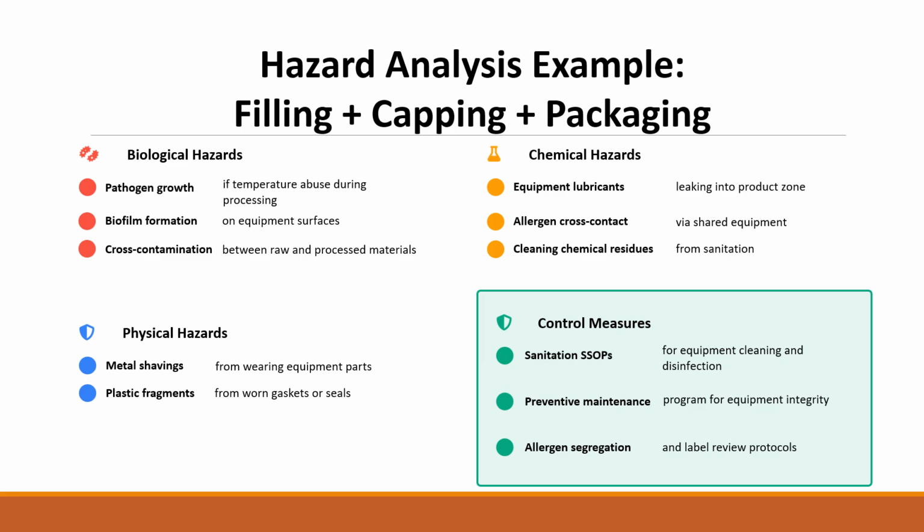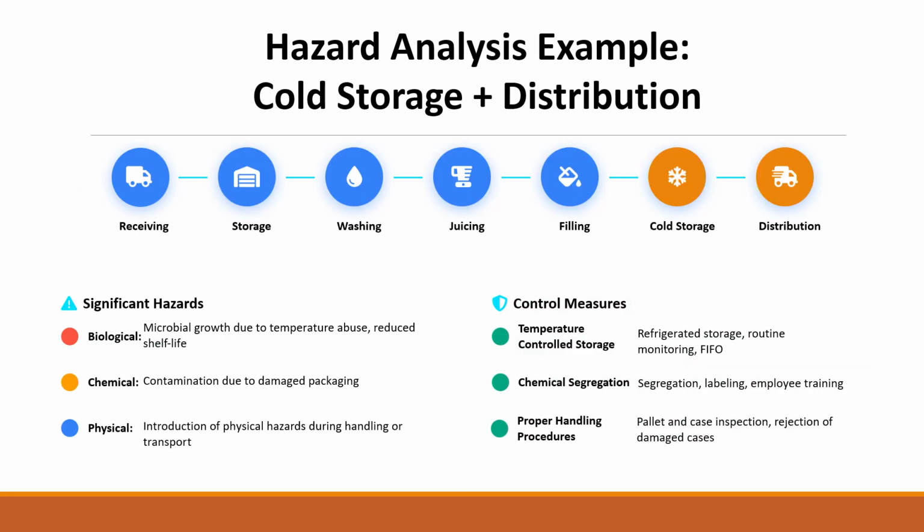For refrigerated juice, cold storage and distribution are critical steps in the process. From a biological standpoint, temperature abuse can allow microbial growth and shorten the product's safe shelf life. These risks are controlled through continuous or routine temperature monitoring, alarm systems where applicable, documented checks, and clearly defined corrective actions.